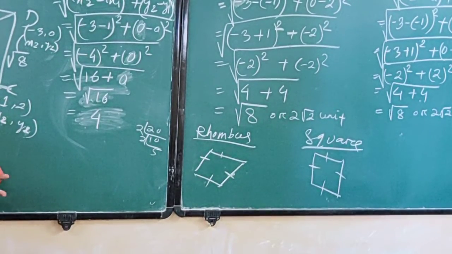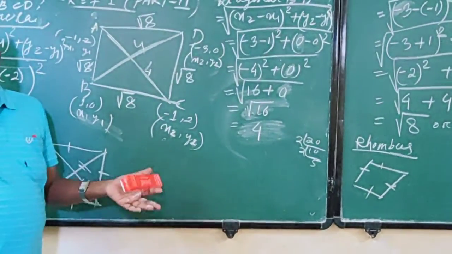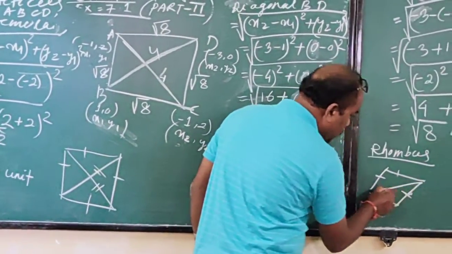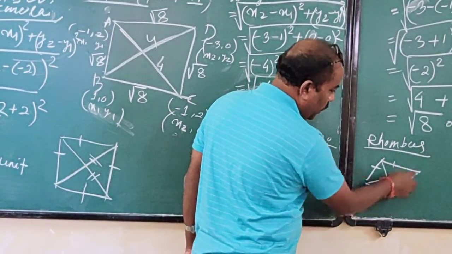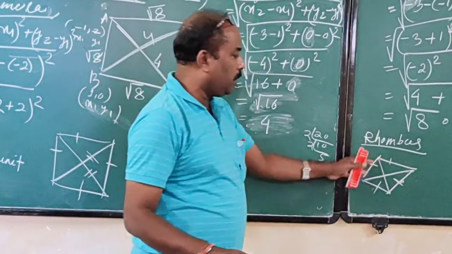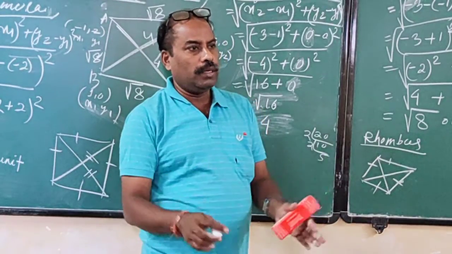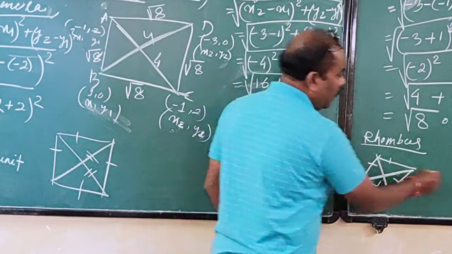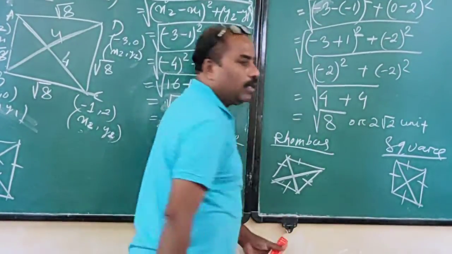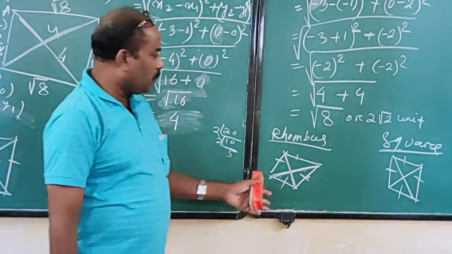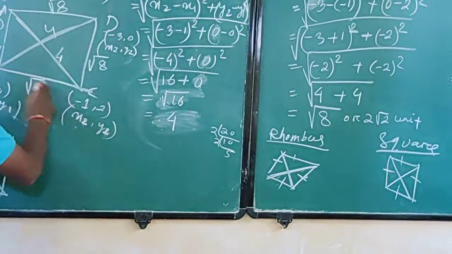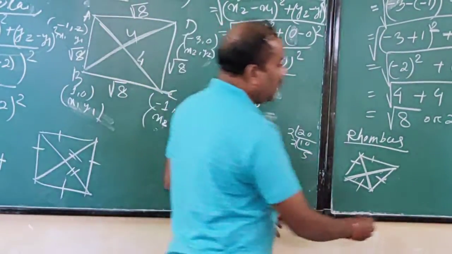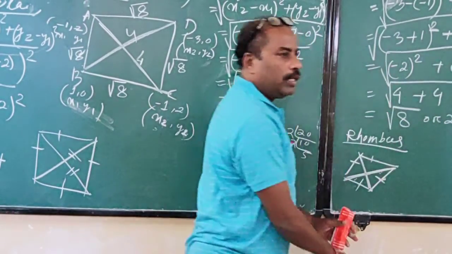Then we can say it is a square but not a rhombus. In a rhombus the diagonals are not equal because it is a parallelogram, and in a parallelogram diagonals may not be equal. But in a square, diagonals are always equal. So when all sides are root 8 and the diagonals are also equal, our final answer is that it is a square, not a rhombus.